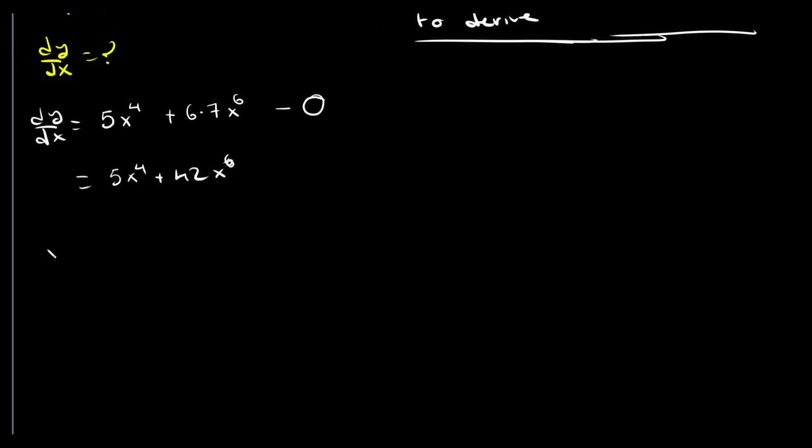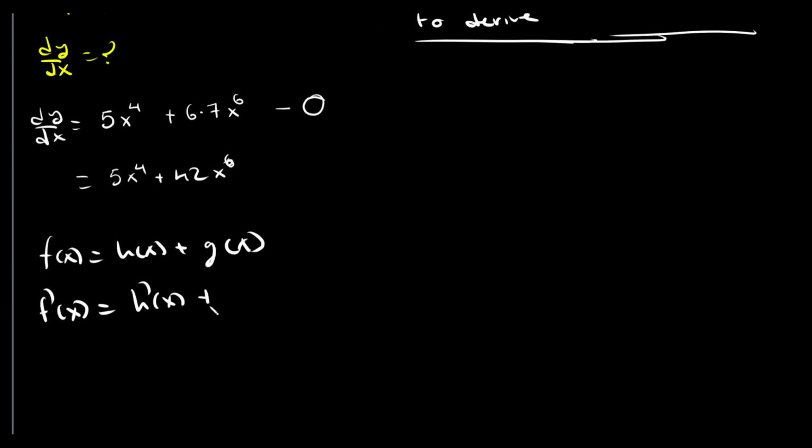This is f prime of x. Let's just take f of x equal to h of x plus g of x. And if I want to find my derivative, it's just going to be h prime of x plus g prime of x. This is my derivative, right?